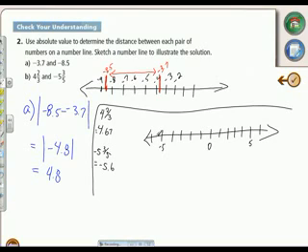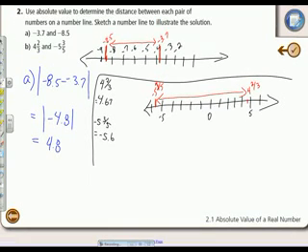So negative 5 and 3/5 on one side, and 4 and 2/3 on the other side. And I want to know the distance between those 2 points. Doing a really quick estimate, we know that it should be about 1, 2, 3, 4, 5, 6, 7, 8, 9, 10.